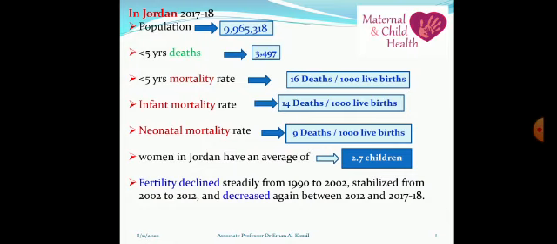It has also been estimated that the average number of children for each woman is nearly 3 children. So we still have high fertility, and this will need special services in order to decrease the morbidity and mortality among children, and it is important to improve the health of women at reproductive age.